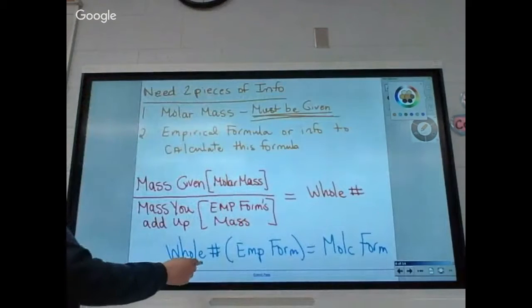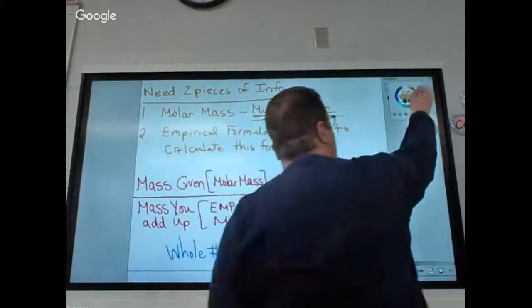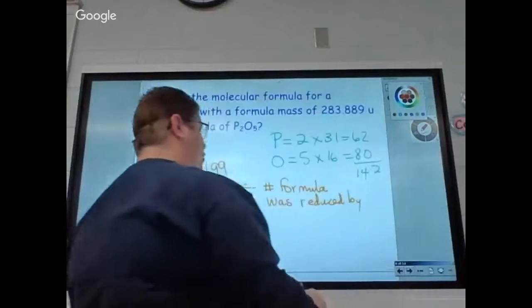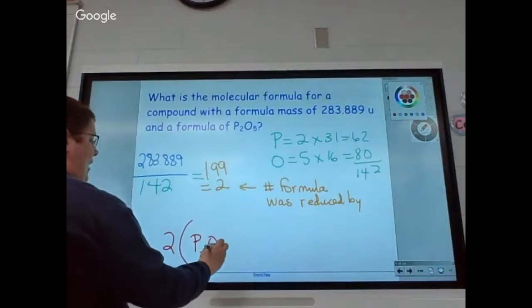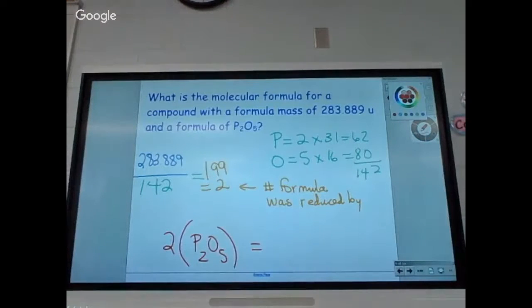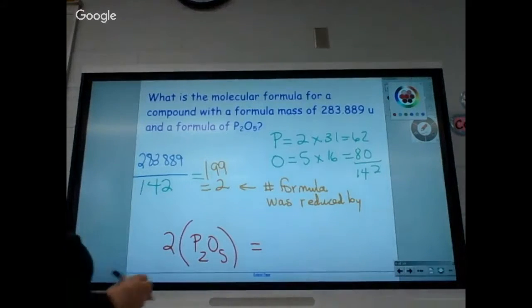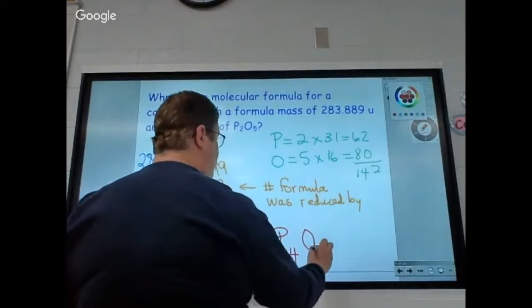You're taking the number it was reduced by, which is a 2, and you're multiplying it through the formula, P2O5, to get back to what it used to be. So what did it used to be? P4O10 is what it used to be.